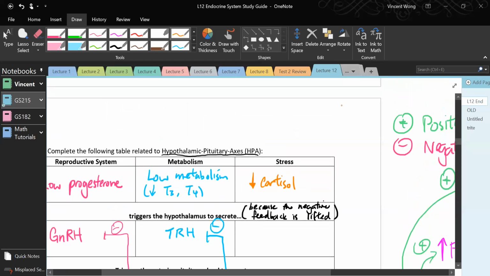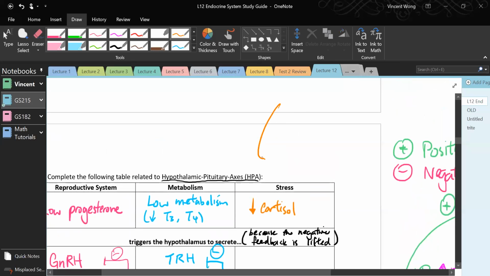So just to recap a little bit, this is your adrenal gland, which sits on top of your kidneys. You have two adrenal glands, one on top of each kidney, and there is the outside and the inside. The outside is what we call the adrenal cortex.